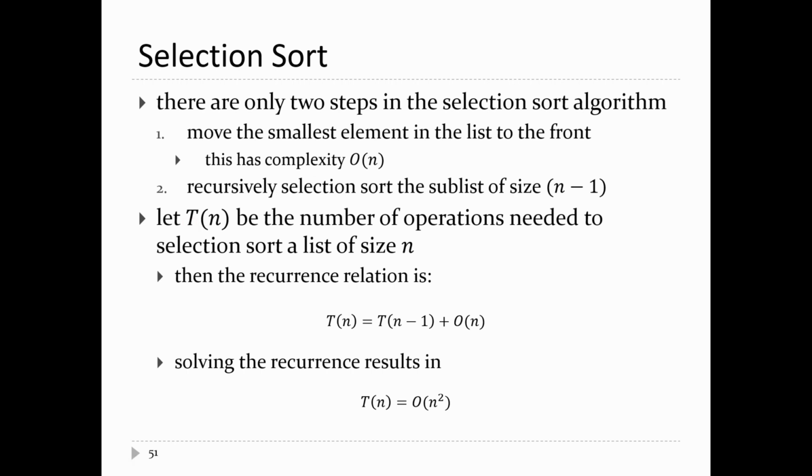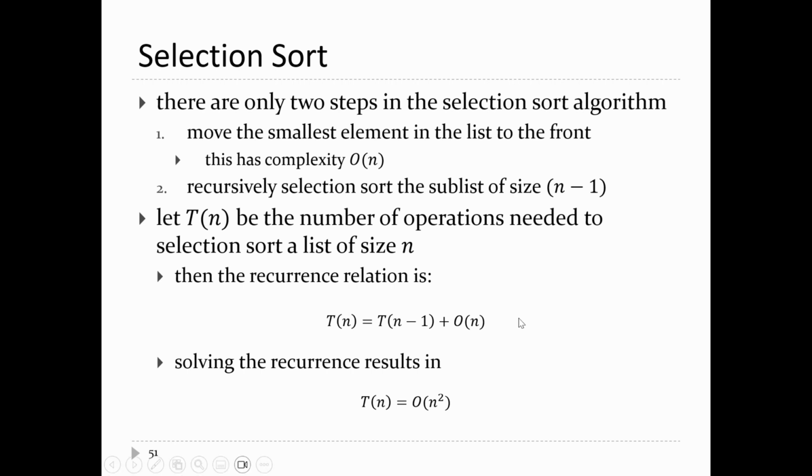You're going to define the recurrence relation T(n), the number of operations needed to sort a list of size n. So what is T(n)? T(n) is just the number of operations needed to sort a list of size n minus 1, that's your recursive step, plus the cost it takes to move the smallest element to the front of the list. So that's plus O(n).